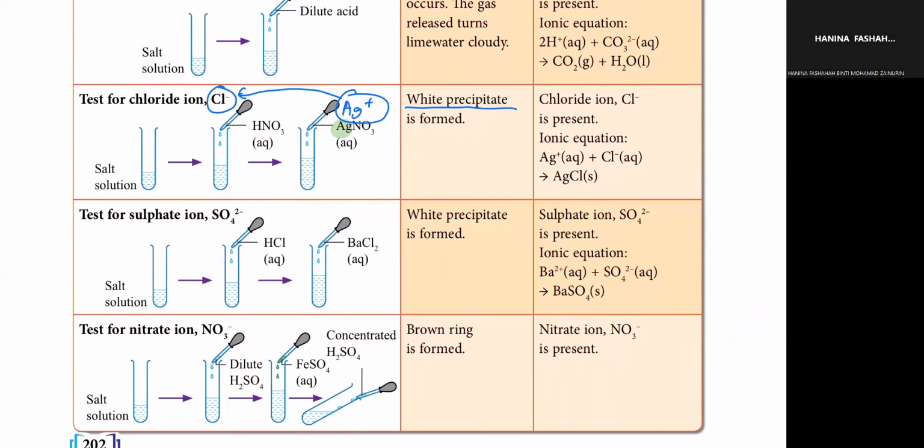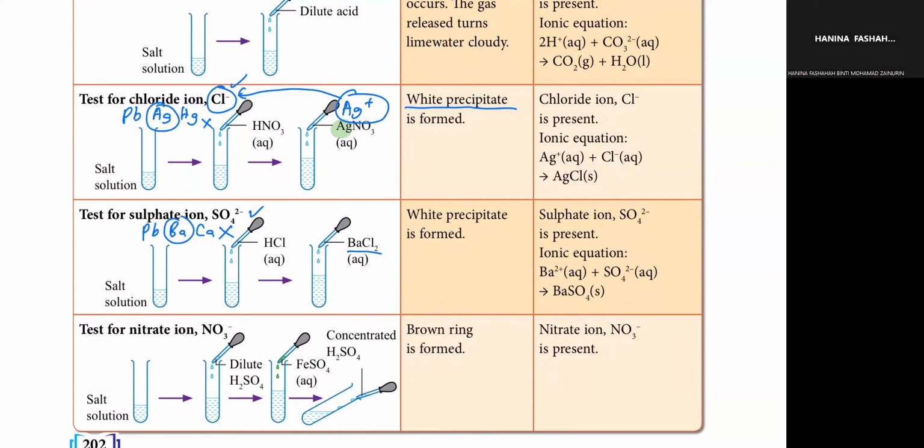You have to know Cl minus is mostly soluble except Pb, Ag, Hg. These 3 combine to form white precipitate. Same for SO4 2 minus, mostly soluble except Pb, Ba, Ca, which are insoluble. You put Ba chloride or Ba nitrate, also can, because both are soluble.